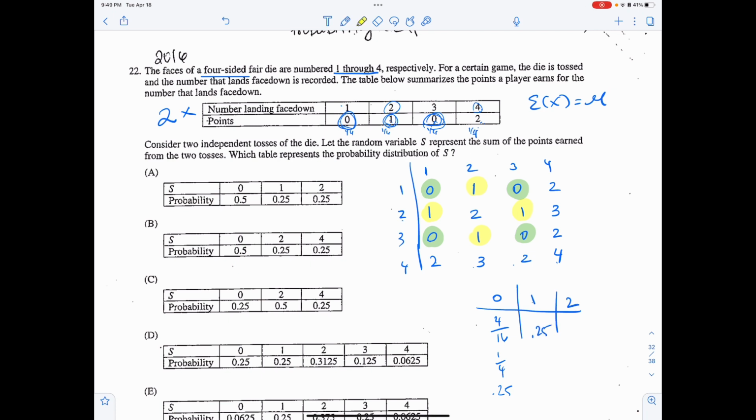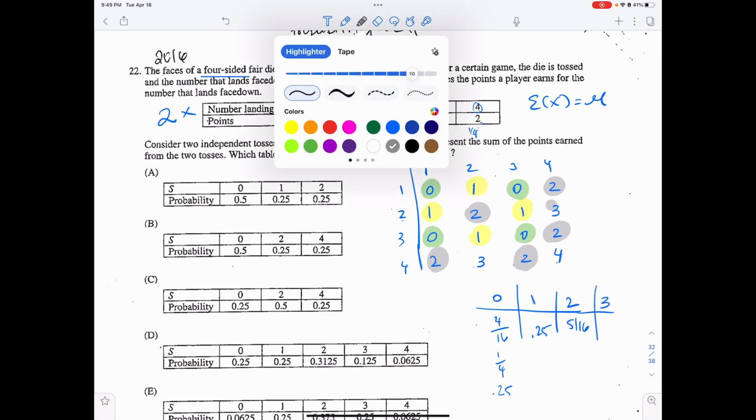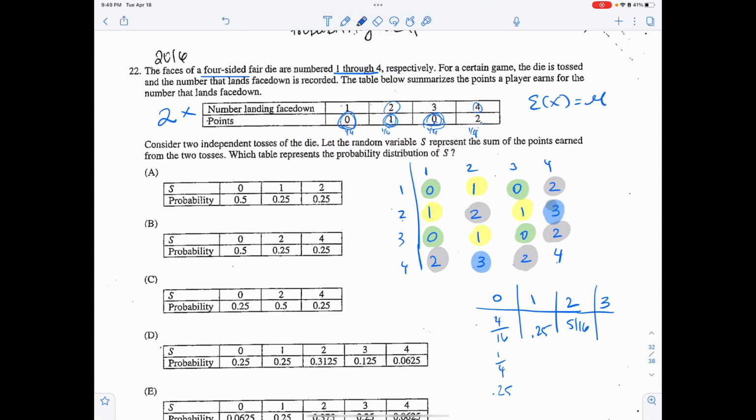The probability of getting a 2 is 5 out of 16. The probability of getting a 3 is 2 out of 16, or 1/8. And the probability of getting a 4 is 1 out of 16.